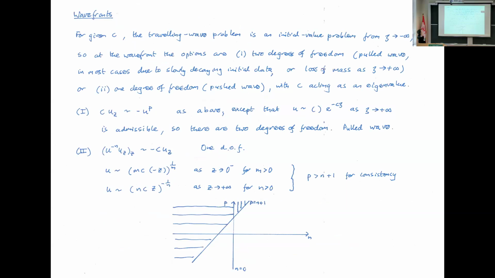I need to remind myself what I wanted to say. So it's kind of clear, I think, from the phase plane that in the situations the phase plane is appropriate for, which does depend on the range of exponents, you've got a saddle point at u equals 1 and typically a node at u equals 0.